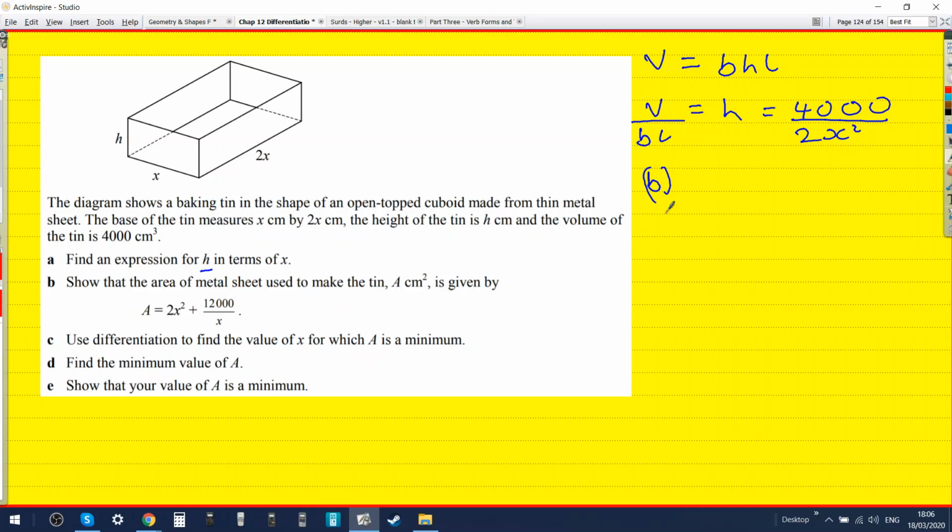So it's like the total surface area. Well done. So total surface area equals h times x times 2, and then plus 2x squared times 2.